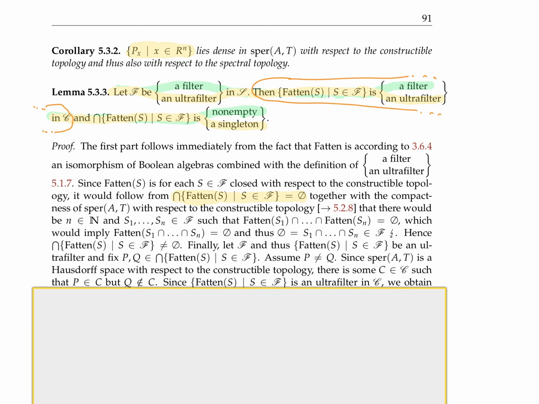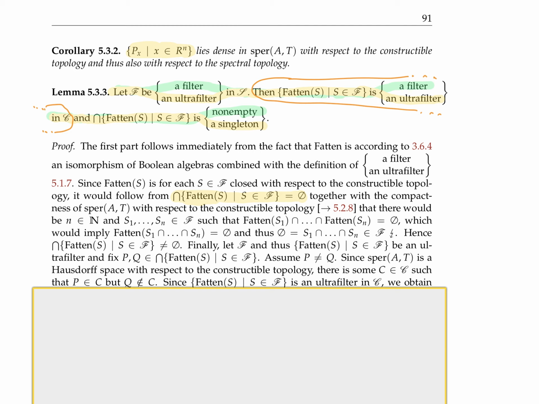So there is some neighborhood, and I can take an open neighborhood of P. I don't use the full force of Hausdorff, right? Hausdorff would say there are disjoint neighborhoods of P and Q. Actually, here I'm just taking a neighborhood of P which does not contain Q. And I can take an open neighborhood, but an open neighborhood is a union of constructible sets.